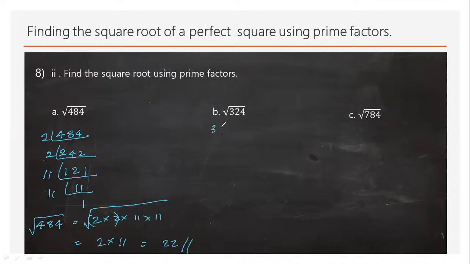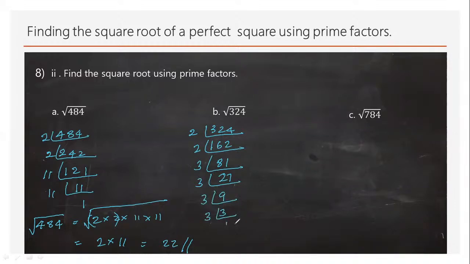324. Divide by the smallest prime number 2, 162. Divide by the smallest prime number 2, 81. Divide by the smallest prime number, it is divisible by 3. That is 27. Again divide by 3, that is 9. Again divide by 3, 3. Again divide by 3, 1.